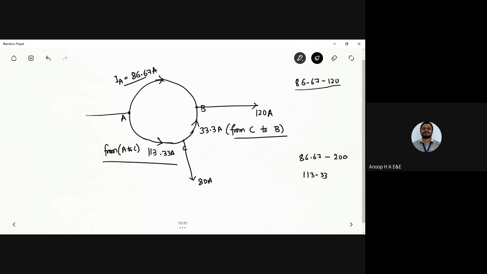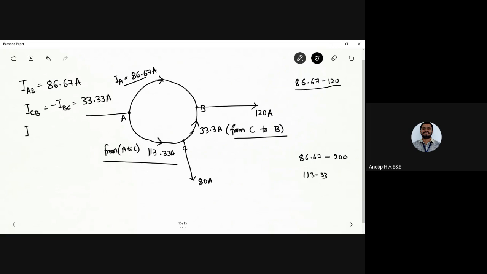This is a simple representation of each section's current. IAB is equal to 86.67 amperes. Next, ICB is equal to minus IBC, which is 33.33 amperes.